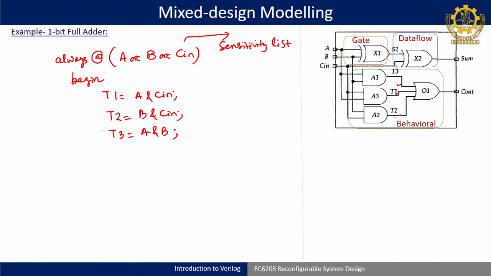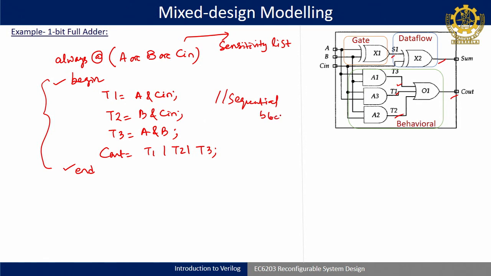Then these two are already done. Now Cout is T1 or T2 or T3. As always, begin has to end with one end statement. So this forms one sequential block. In this, first this line, then second, then third, then fourth, they will execute in order.